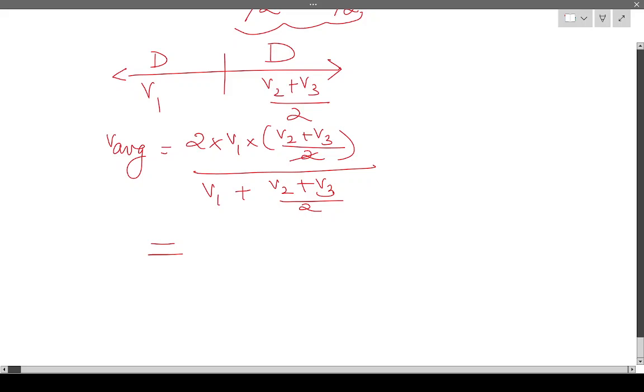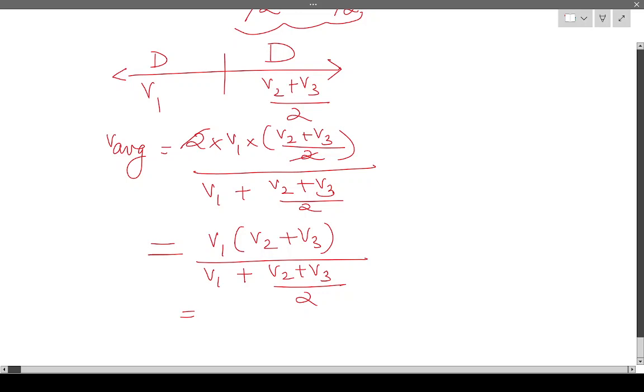Two cancel. So v1 into v2 plus v3 whole divided by v1 plus v2 plus v3 by 2. So this is going to be v1 into v2 plus v3 whole divided by 2 v1 plus v2 plus v3 whole by 2.